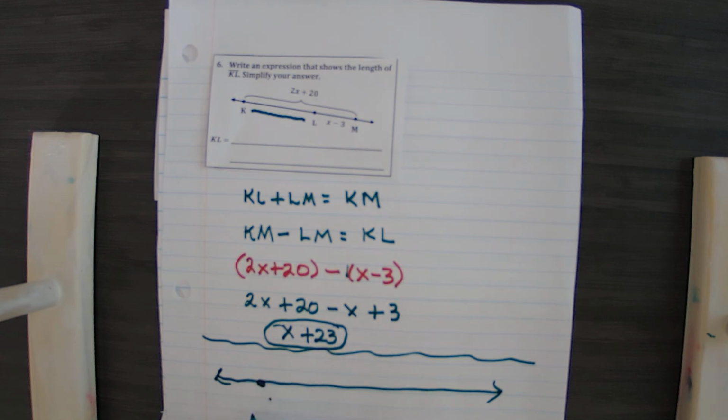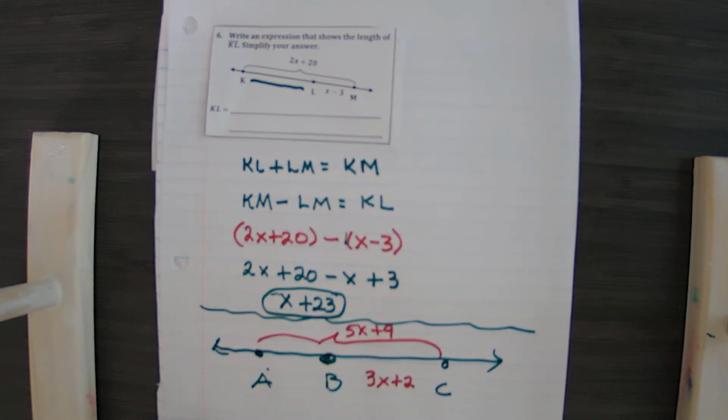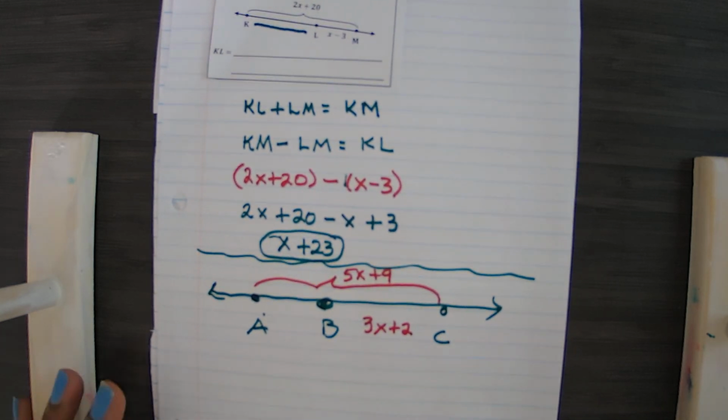Another example would be ABC. This is going to be A. This is going to be B. And this is going to be C. Now, BC is going to be 3x plus 2. And the total here, the whole, is going to be 5x plus 9. Okay, let me move that up.